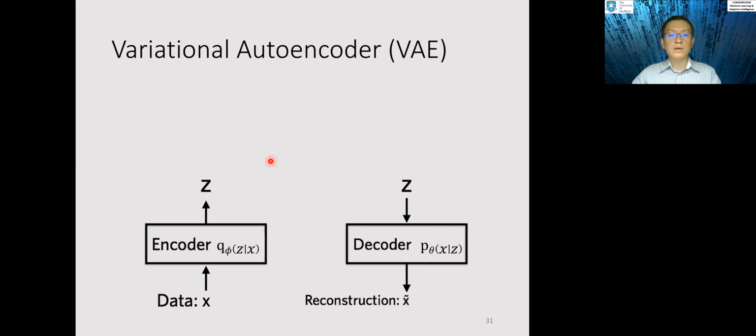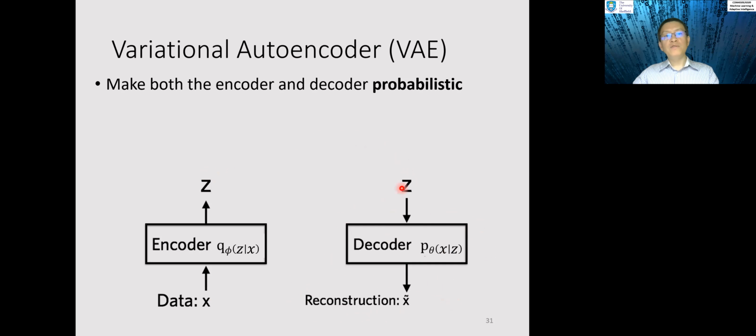It also has an encoder which takes data input and encodes it into a latent representation, and then this latent representation will pass through a decoder and have a reconstruction of the input. However, the difference is that in variational autoencoder, we make both the encoder and decoder probabilistic.